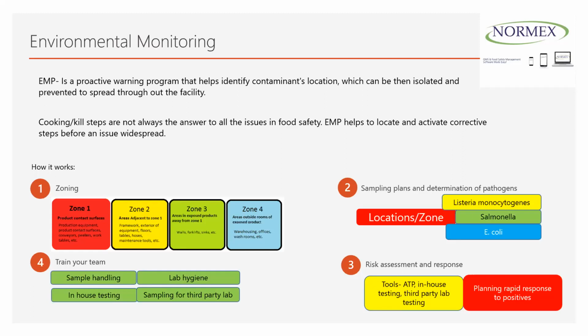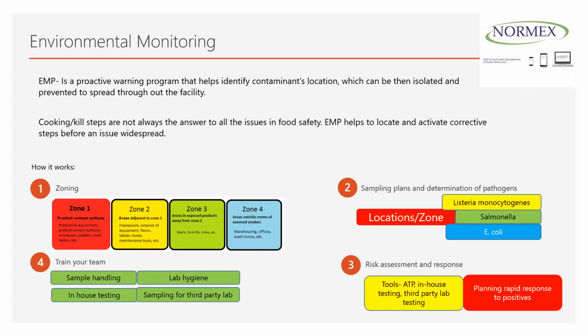Number 2 is sampling plans and determination of pathogens. So we need to know what pathogens we are really looking for. We can determine these based upon past third-party reports or past incidences in your facility. But in general, we are looking for pathogens such as Listeria, Salmonella, and E. coli.